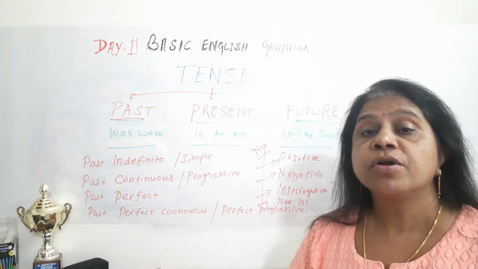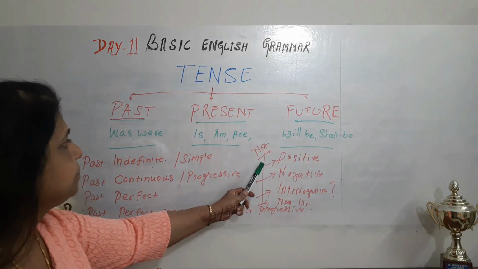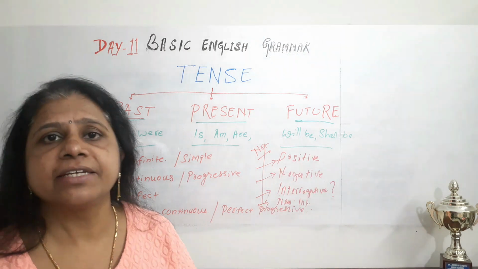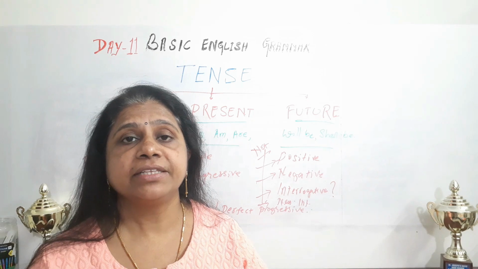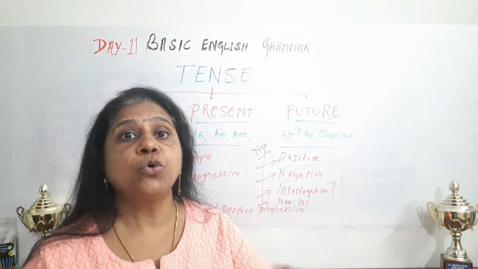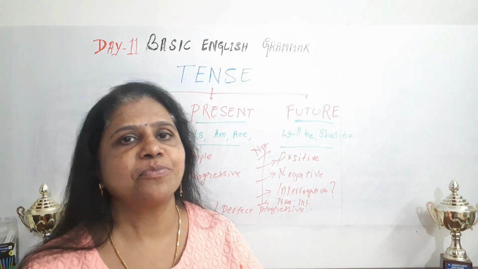We can form 4 types of sentences, and basically the first one is the positive sentence. Positive means where there is no negative. In the sense, I don't go there is negative, I go there is positive.